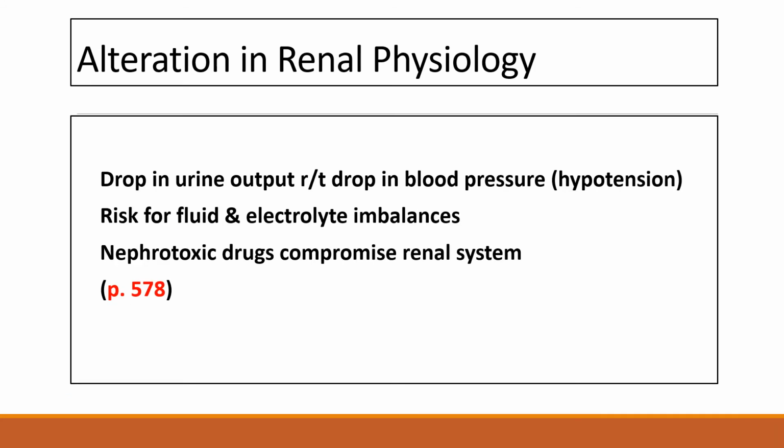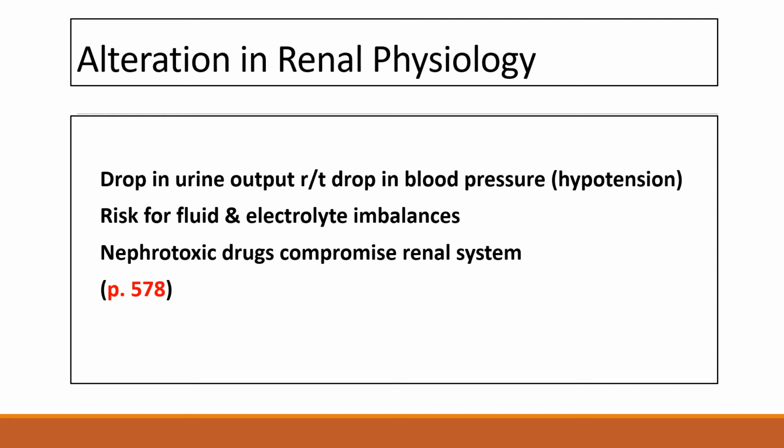There may be an alteration in renal physiology, a drop in urine output related to a drop in blood pressure. So if there is hypotension and there is not enough blood pressure to perfuse the kidneys, then there is going to be a drop in urine output. And then there is an increased risk for fluid and electrolyte imbalances. Nephrotoxic drugs can compromise renal systems.